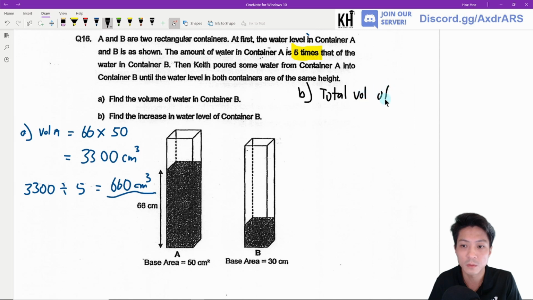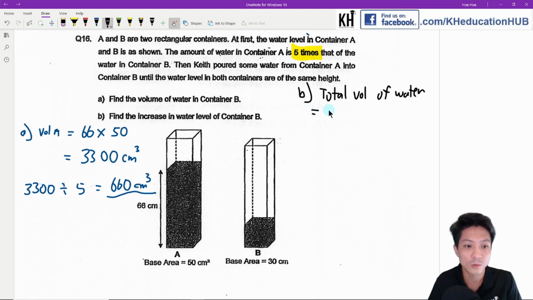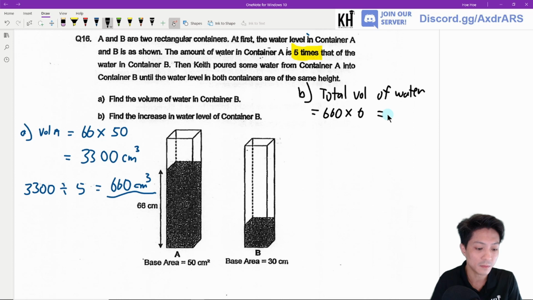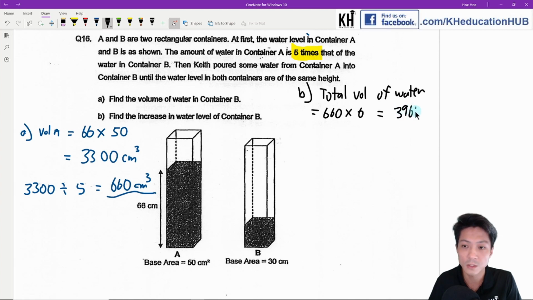Total volume of water is equal to 660 times 6, which is 3,960 cubic cm.